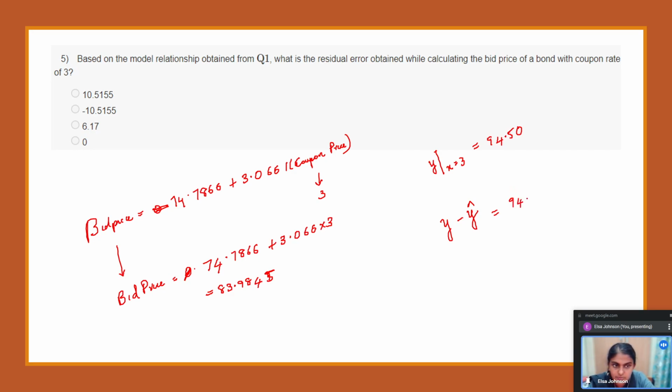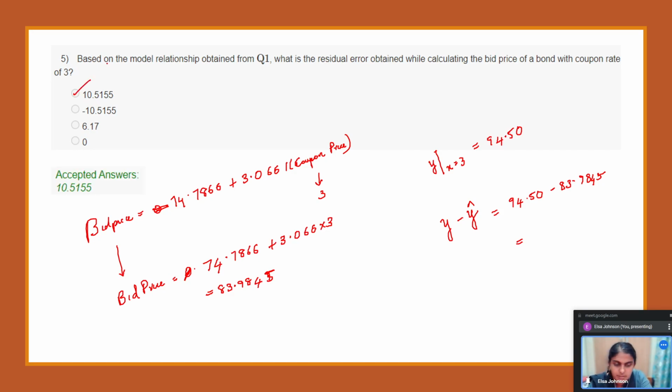So it will be 94.50 minus 83.9845. One has given the answer already, but just calculate this and tell me. Okay, 10.5155. So A is the answer.